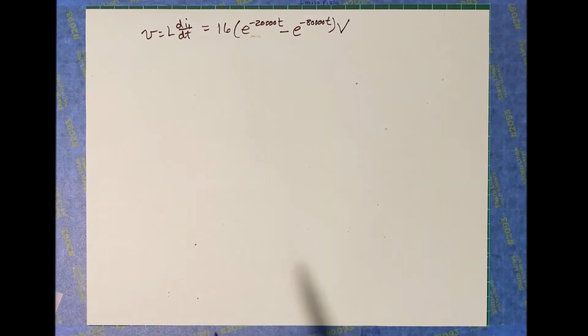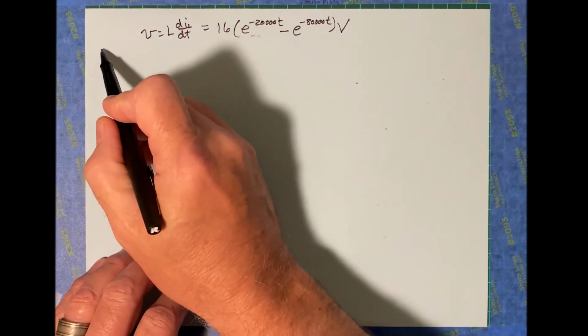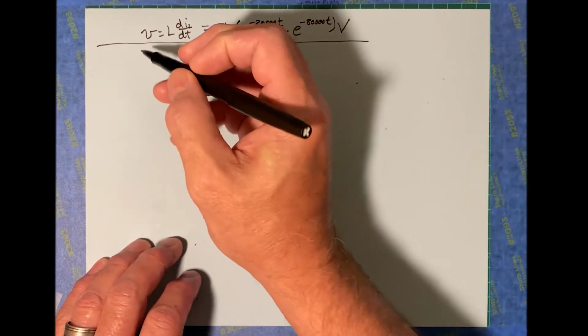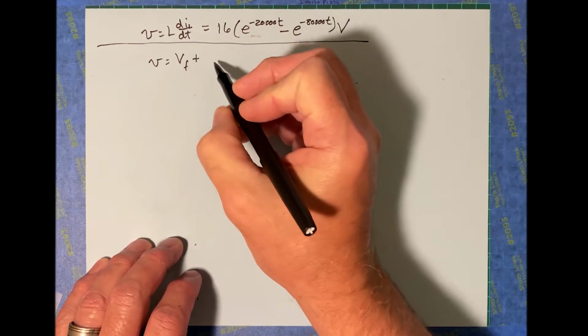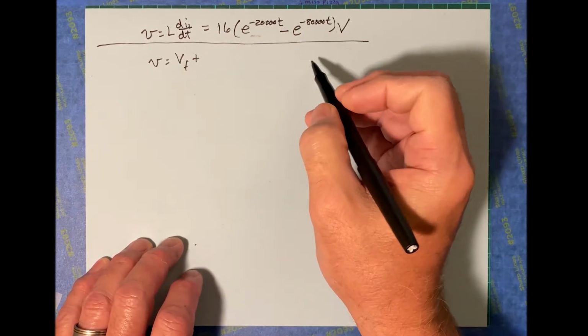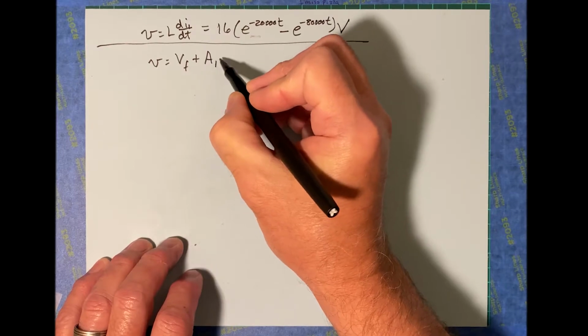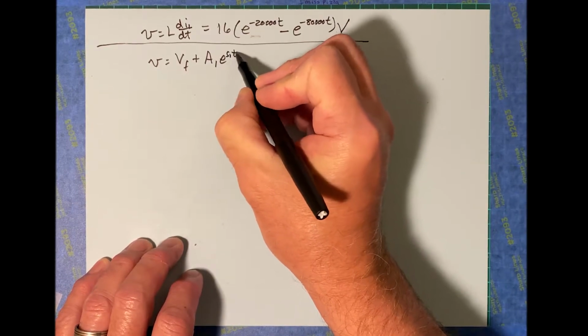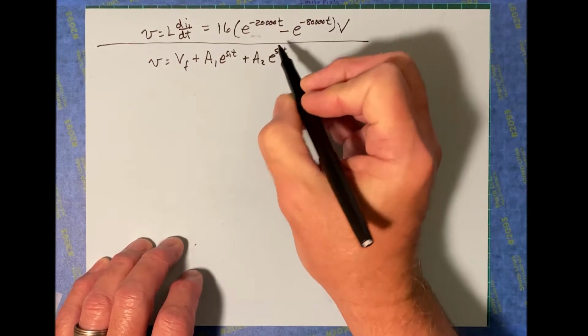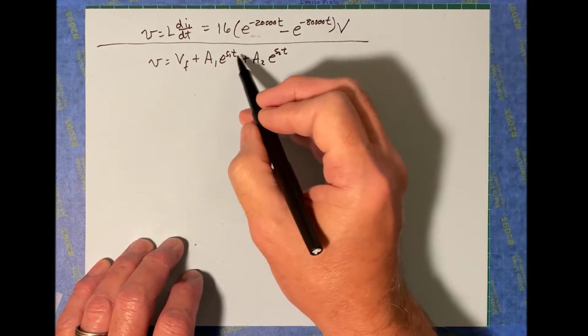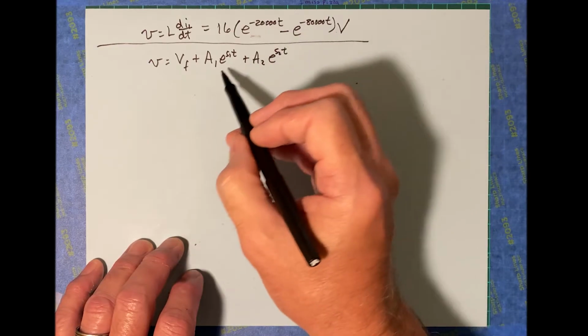If you were asked to find only the voltage, you should take the other approach that says the voltage is equal to V final plus the natural response. And the natural response is going to be A1 e to the S1t plus A2 e to the S2t. Now S1 and S2 are going to be exactly the same as they were up here.